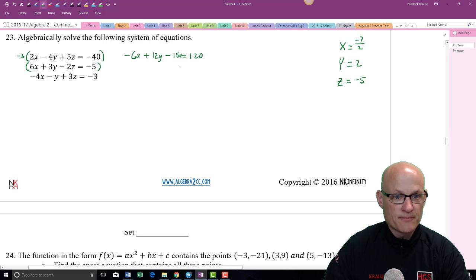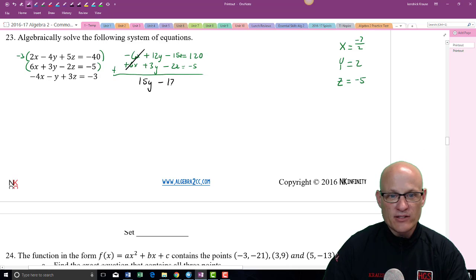And then positive 6x plus 3y minus 2z equals negative 5. We're going to add. When I add, these cancel, and I get 15y minus 17z equals 115.